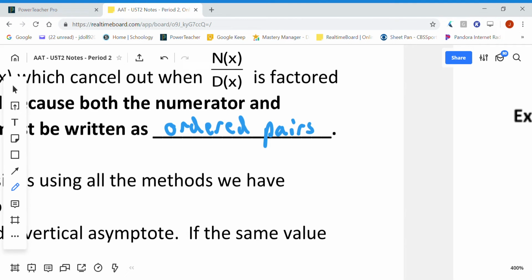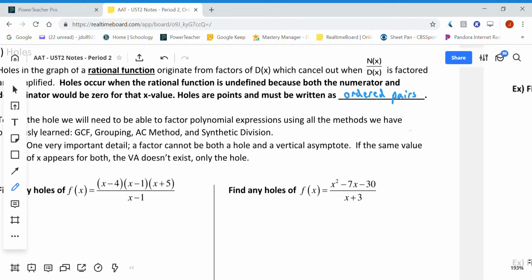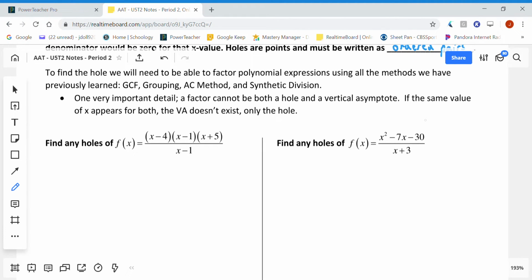So long story short, if there is a factor in the numerator that cancels, you're removing a value that would cause the numerator and denominator to be 0. And by removing that, you are removing that value from existing in the function.